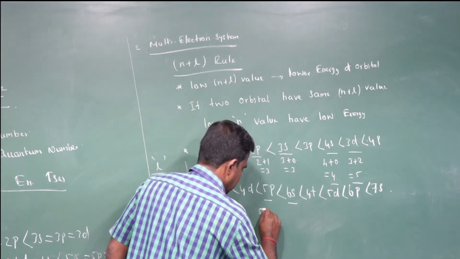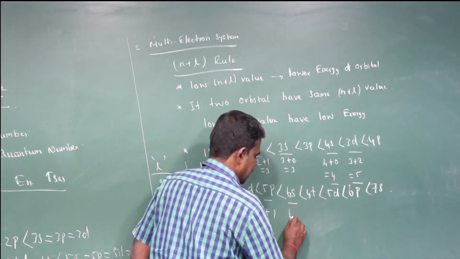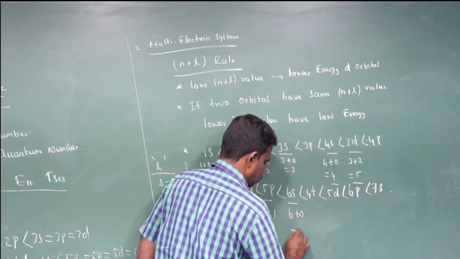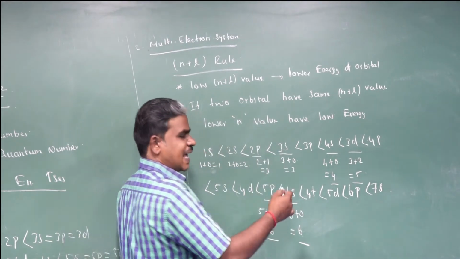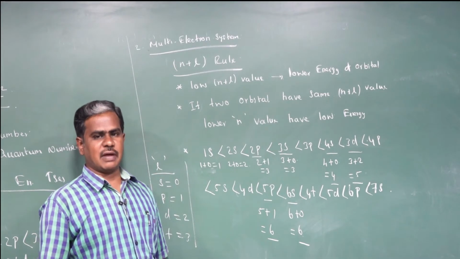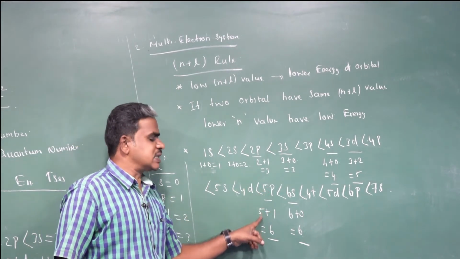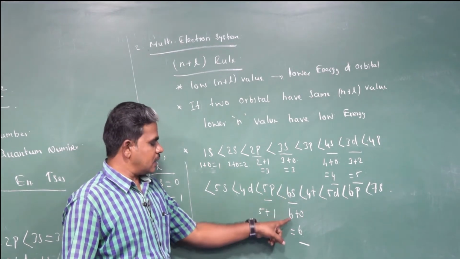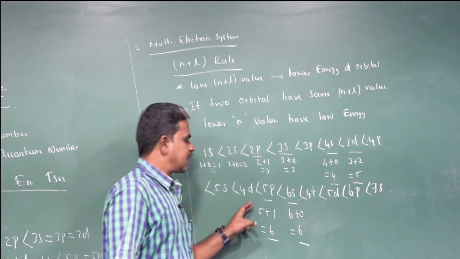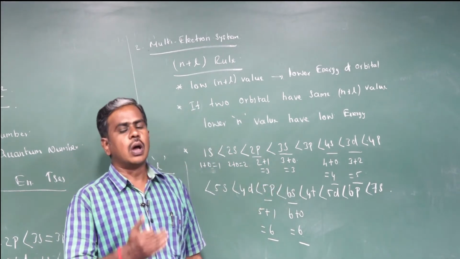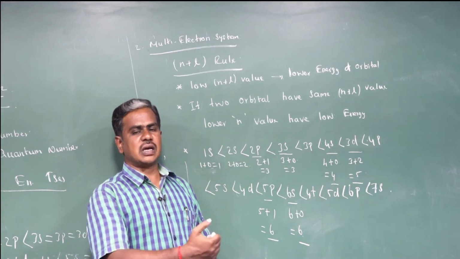For 5p it is 5 plus 1, so 6. For 6s it is 6 plus 0, so 6. Both have the same n plus l value, so we take the lowest n value. Here 5 and 6, so the 5p orbital has lower energy than 6s. So according to this, we may write the energies of the orbitals.